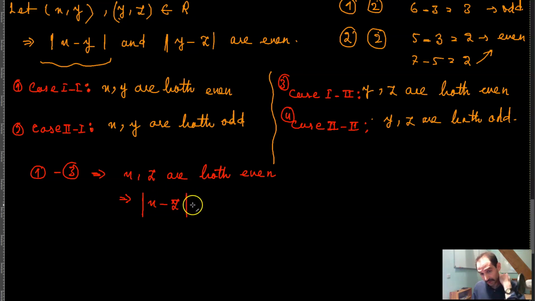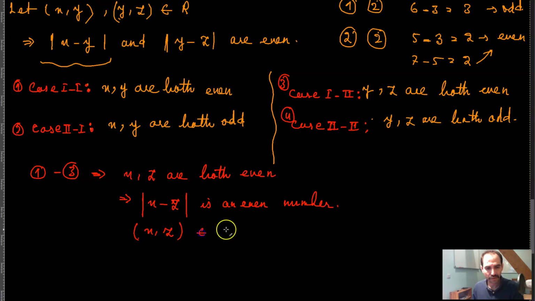But you can, if you want to be consistent with the problem, you can say that x minus z is an even number. And what that means is that x comma z belongs to R, right?